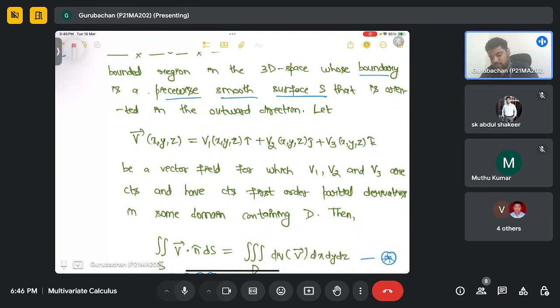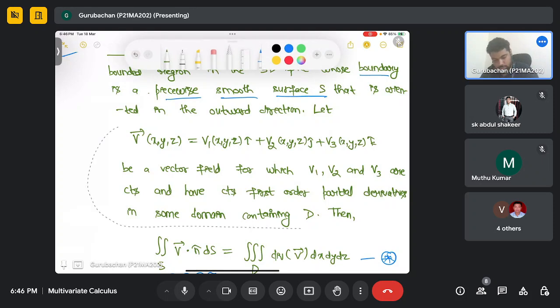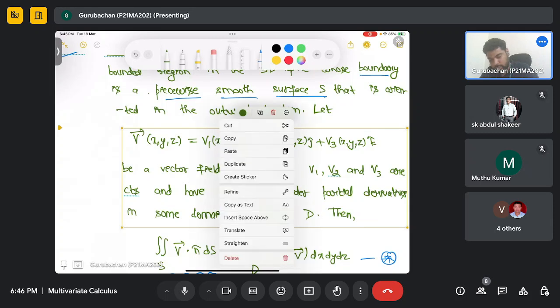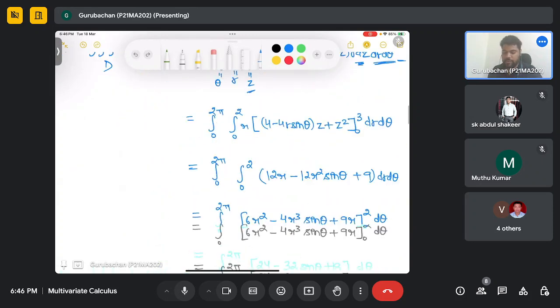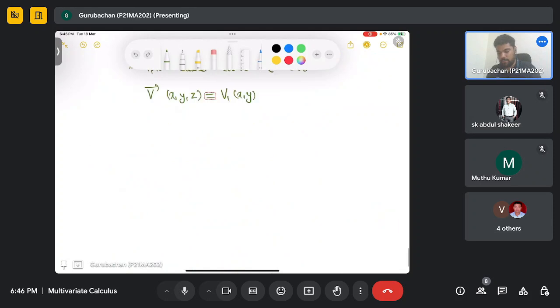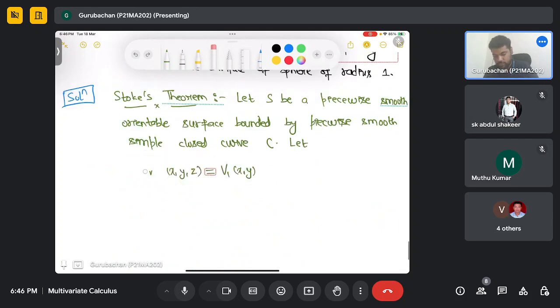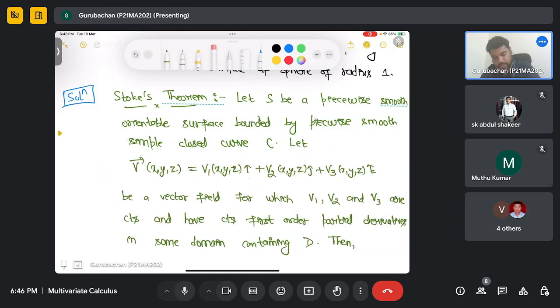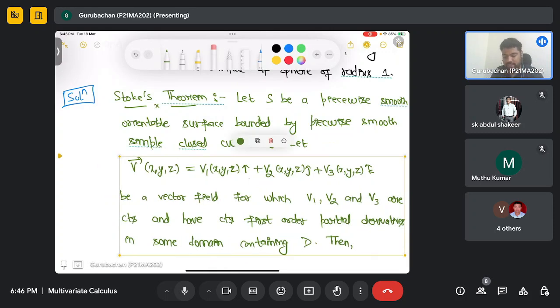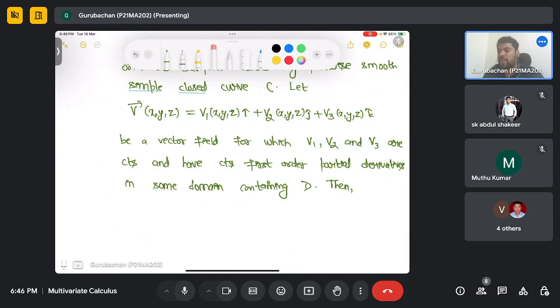We are assuming the same notation for the vector field under the same condition, which is why I'm taking it from here. So we can put it here: V1, V2, V3 are continuous and have continuous first order partial derivatives.